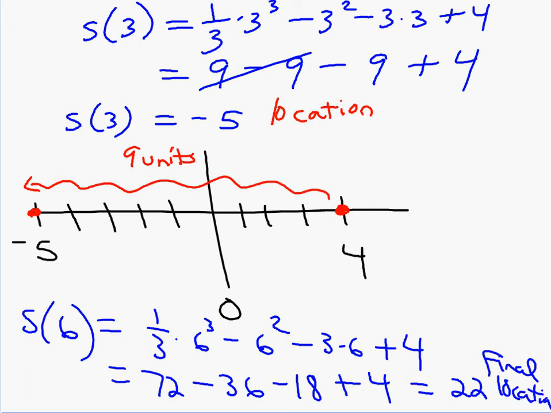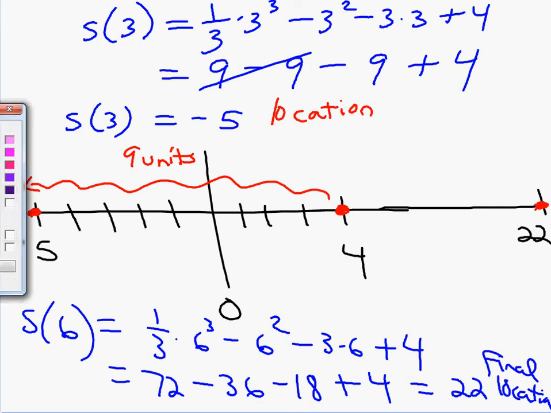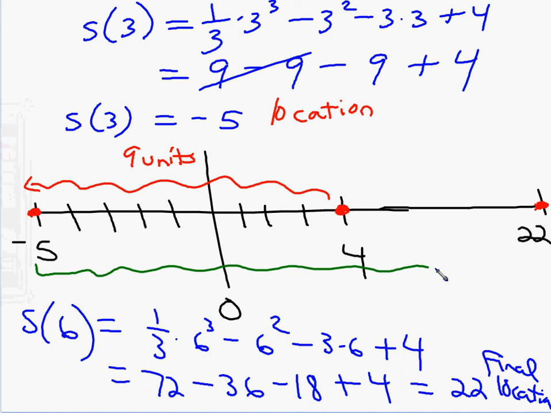So now, and I don't have quite enough room to do this to scale, but my particle is way over here at 22. Didn't it move 27 units to the right? All right. So it moved 27 units to the right.